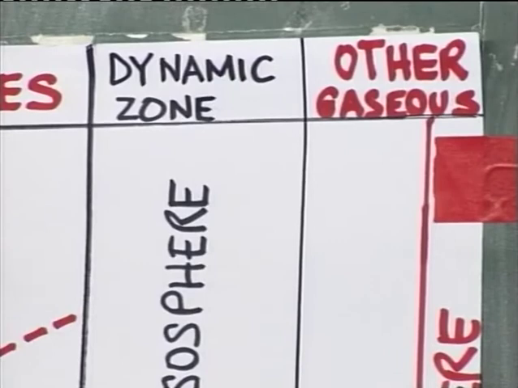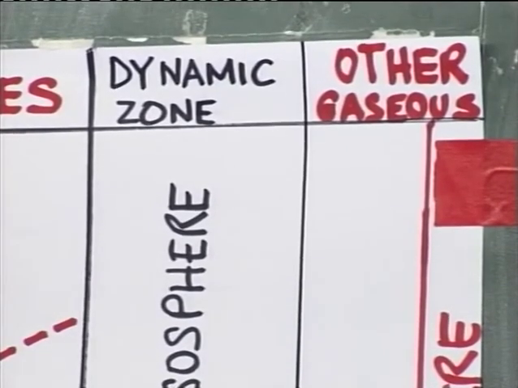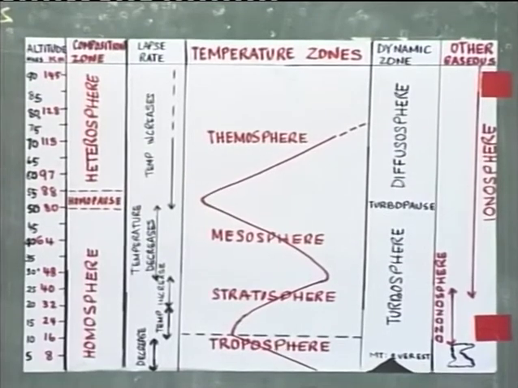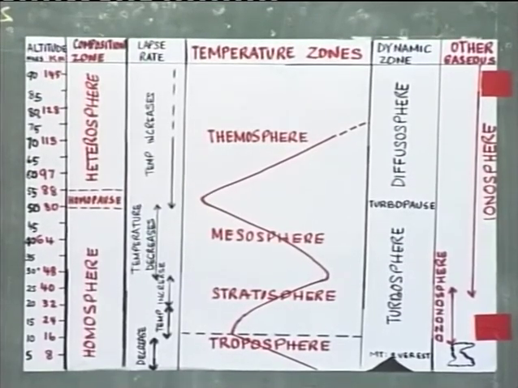You see the decrease, the higher up you go, the temperatures decrease if you're going towards the left, and then to the right, it's positive increases.